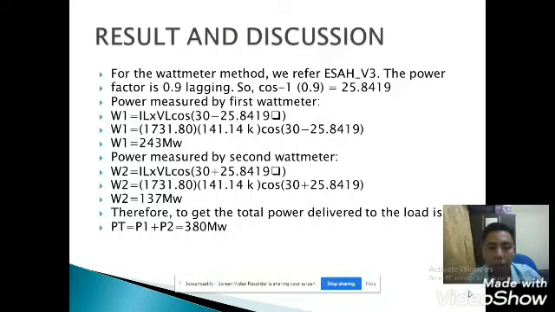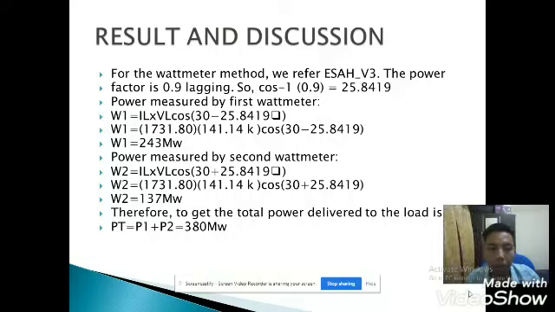The power factor is 0.9, lagging. So cos negative 1 of 0.9 is 25.8419. Power measured by the first wattmeter, W1, is equal to IL multiplied with VL cos 30 minus 25.8419.